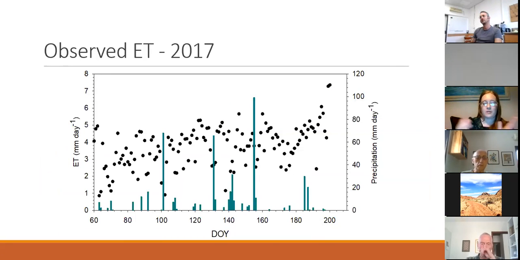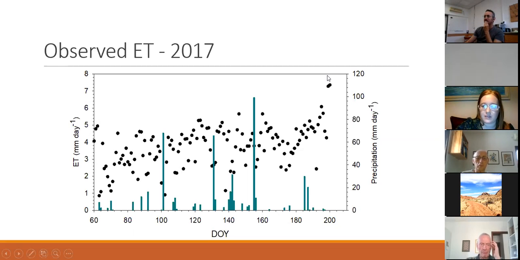So on to some of our results. This is just the observed evapotranspiration for the 2017 growing season. The black dots are daily measured ET values from our eddy covariance system, and the blue fills are just precipitation for that day. So for 2017, we have fairly constant ET throughout the growing season.